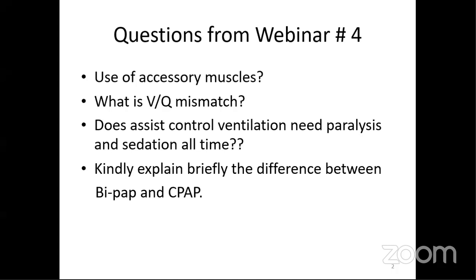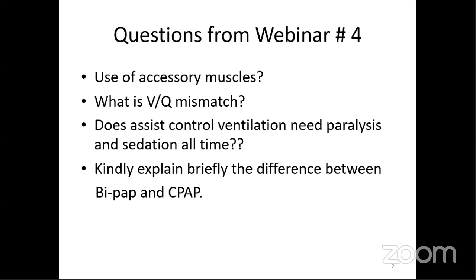That is what is known as VQ mismatch, which normally is present to a small amount. However, when you have a diseased lung, for example, pneumonia that is filling up the air sacs with fluid or with pus, or if the alveoli have collapsed, like in atelectasis, or in situations like ARDS, there is a ventilation issue, and in some cases the perfusion will continue more than the ventilation.